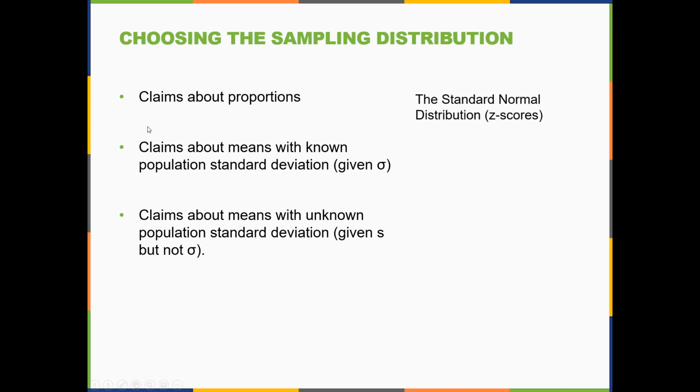In short, for claims about proportions, you will always use z-scores, the standard normal distribution. If it's a claim about a mean with known sigma, then we'll use the standard normal distribution. The only time we have to use the t-distribution is if we're doing a claim about a mean with unknown sigma.